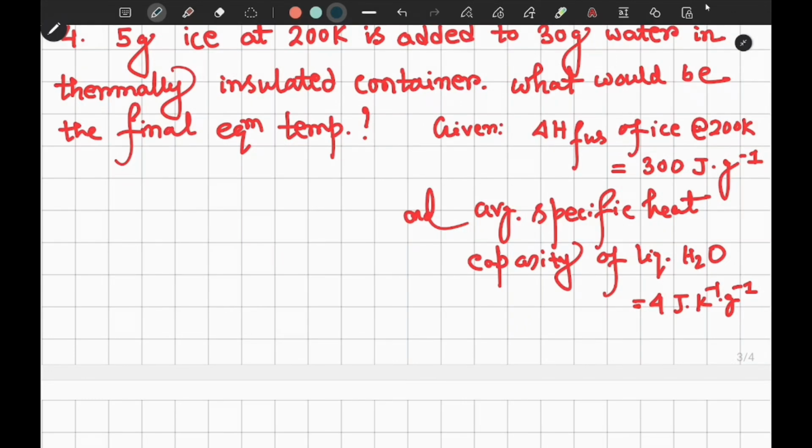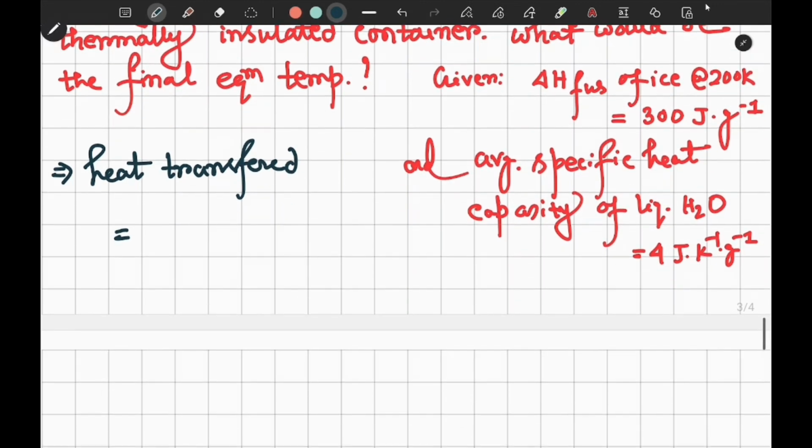Okay, so the amount of heat transferred can be calculated using this formula, which is M, the mass, times the specific heat, s, times delta T. S is not entropy, that's why I was choosing a different notation.